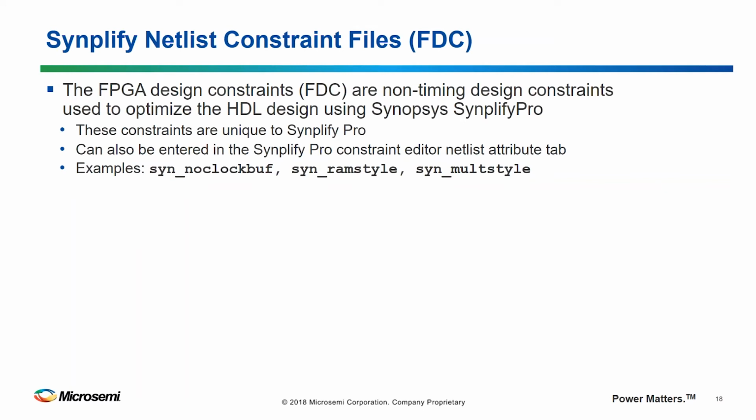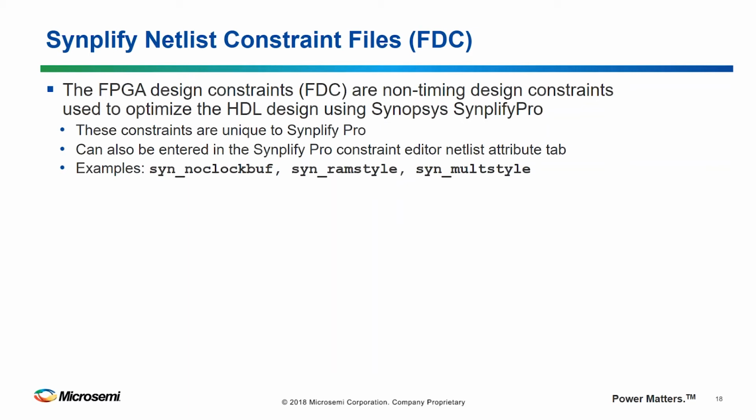Both of these, FDC and NDC, are text editor files only. So you would open the text editor and put in these synthesis constraints, the FDC constraints, which control the synthesis tool mapper, or this NDC for running layout.